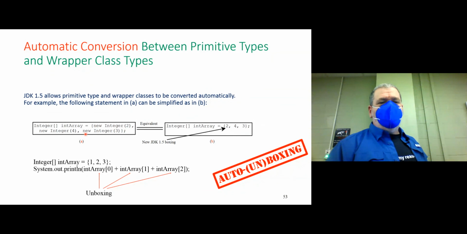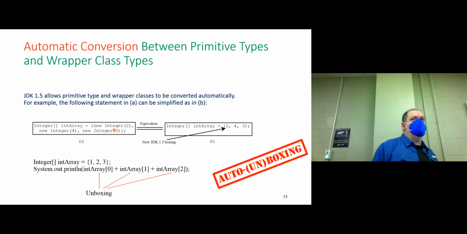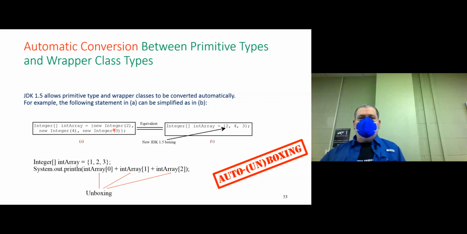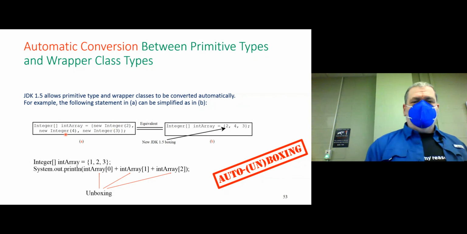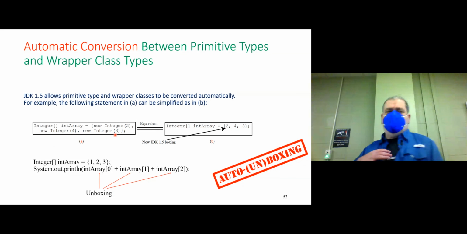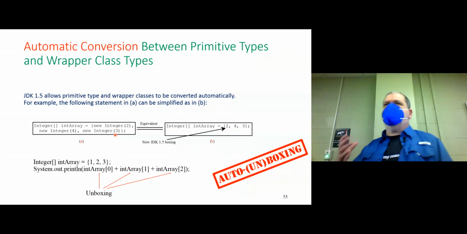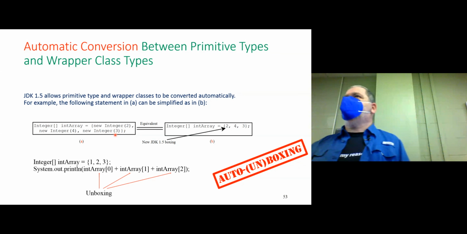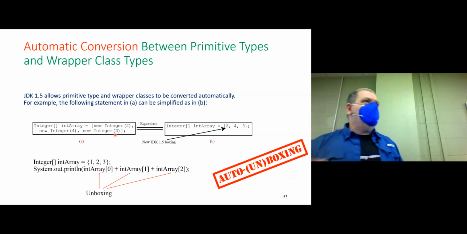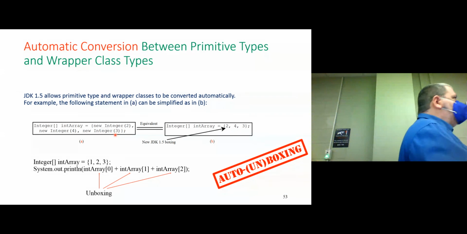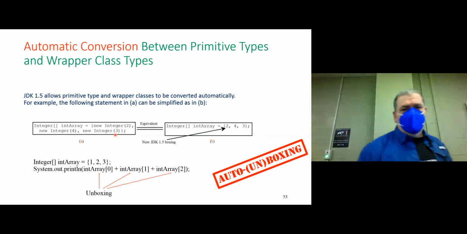But then the values that I put inside my array are going to be objects. It's an array of Integer. So I use new Integer(2), new Integer(4), new Integer(3). So I have an array of size 3 with elements of class Integer. I create them on the fly like this, okay? I create 3 objects, put the reference in the array. Everything is shiny.